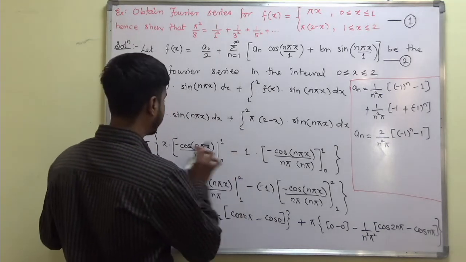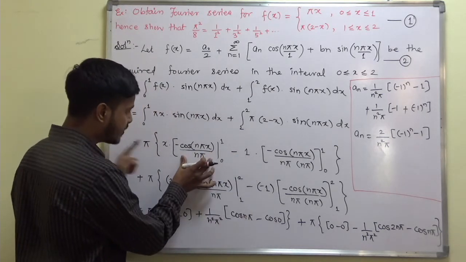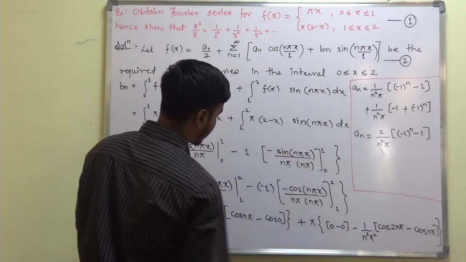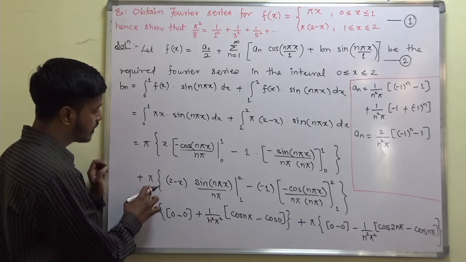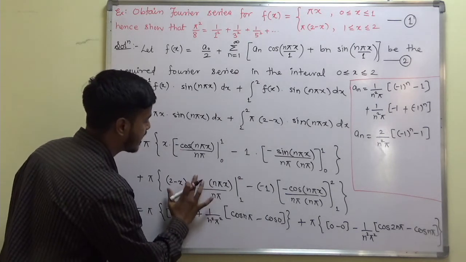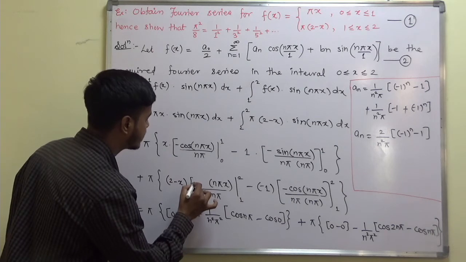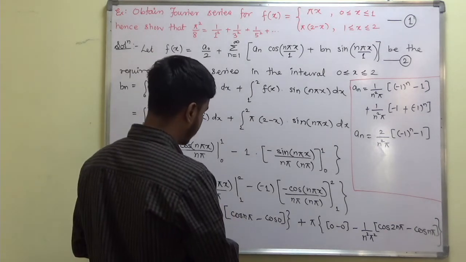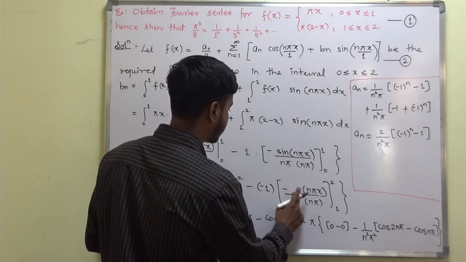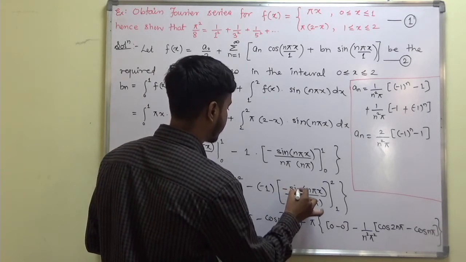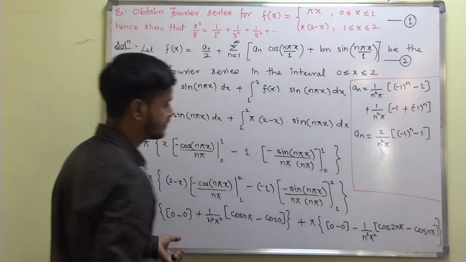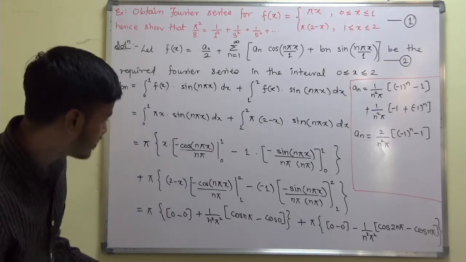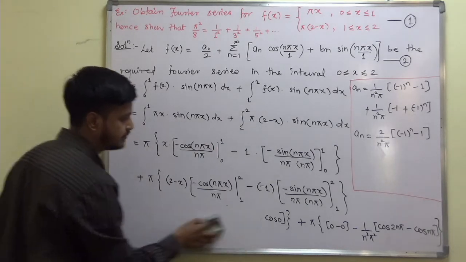Then derivative of x is 1. What is the derivative of minus cos? Minus sine. Here also pi into (2 minus x), this is minus cos, integration of sine is minus cos, and here this becomes minus sine. Simple. Now apply the limits.